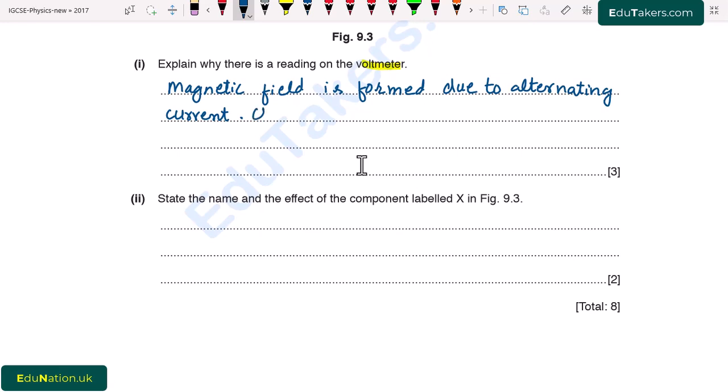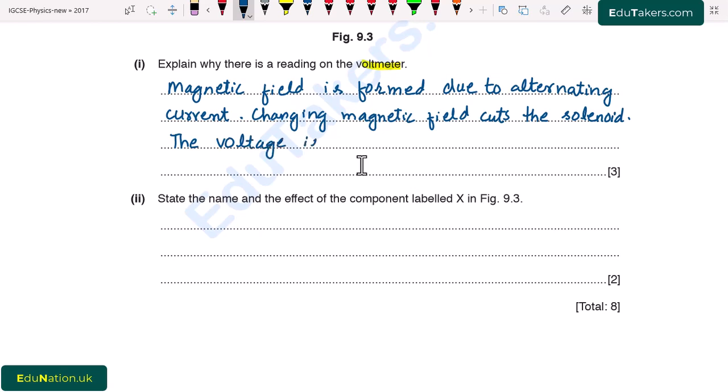Changing magnetic field, that is alternating magnetic field, cuts the solenoid, the voltage is induced in the solenoid, which can be read from the voltmeter.